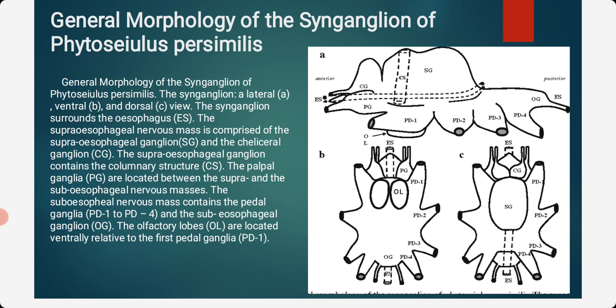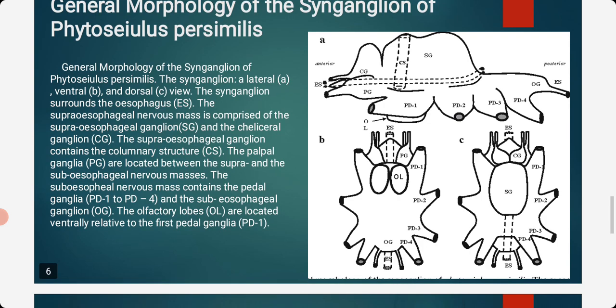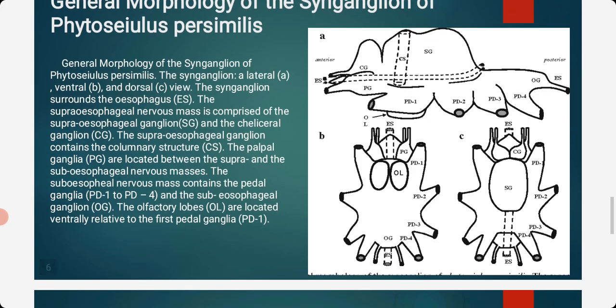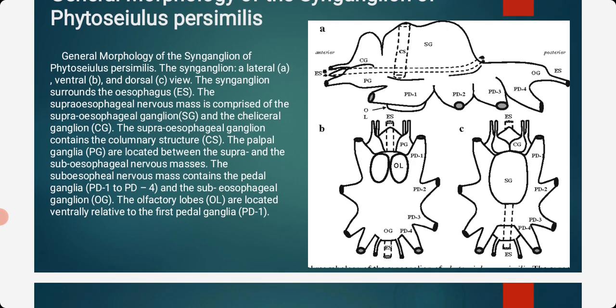Dito makikita na sa A part, yung nasa taas, is the lateral view of the ganglion. Tapos sa letter B part naman is yung ventral view. Tapos yung sa letter C is the dorsal view of the ganglion.